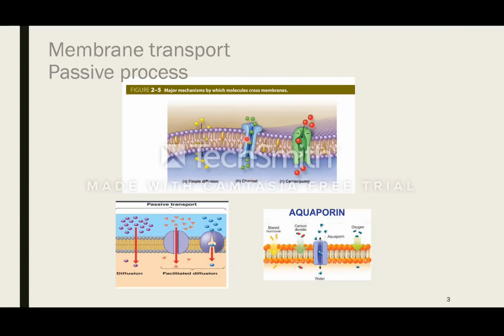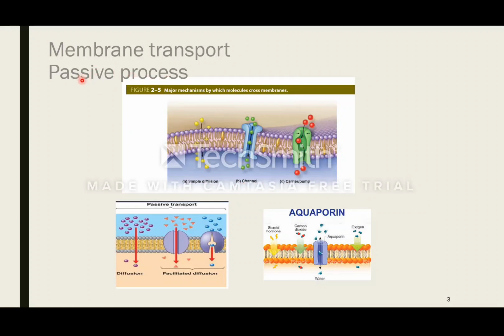But some of them pass through transmembrane proteins that act as a channel or as a carrier. In both the channel and the carrier, the material is transported from high concentration to low concentration.